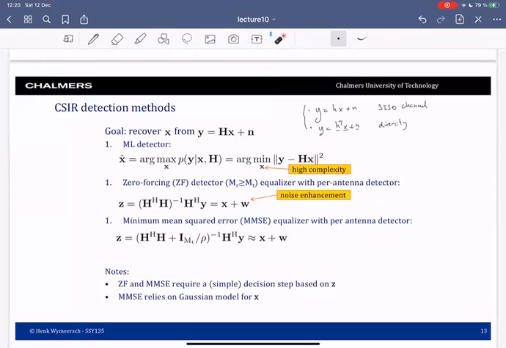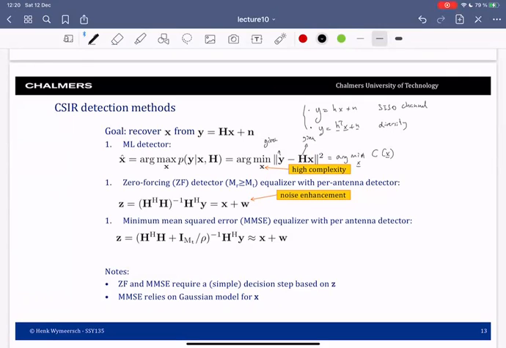So for given Y, Y is frozen, you've observed Y, H is also given, you plug in each possible X, and then you evaluate this cost function. I can write this equivalently as arg min over all possible x's of some cost function of x.